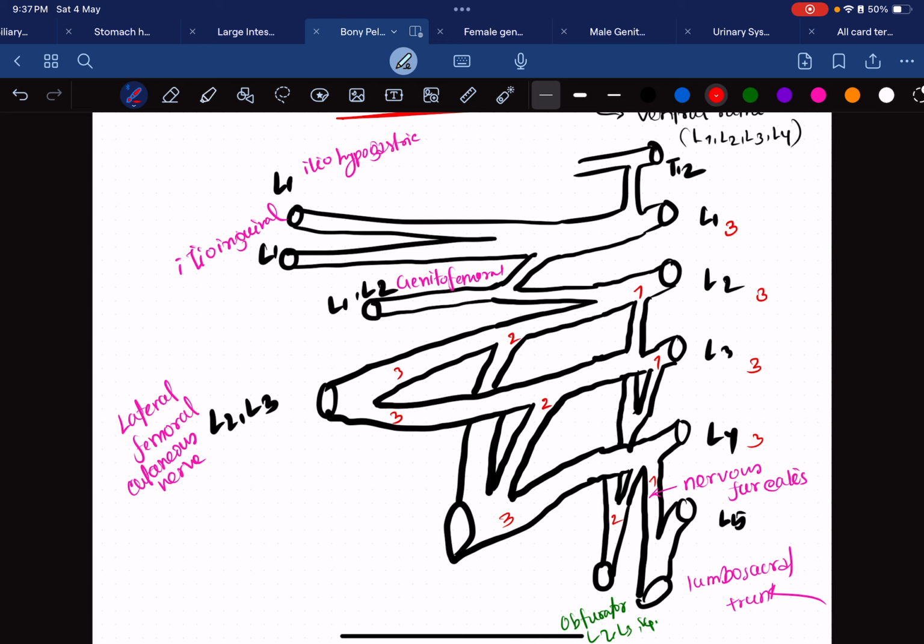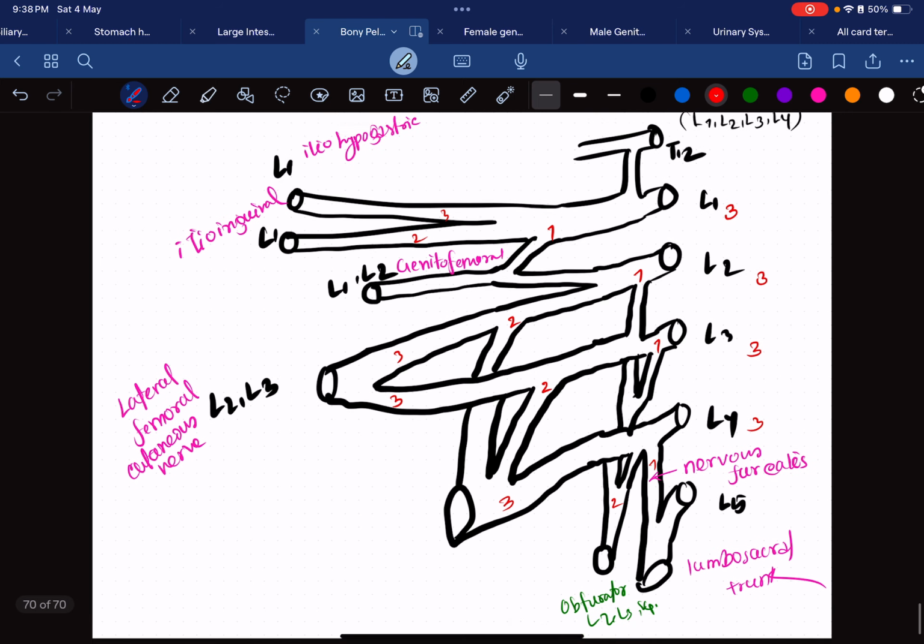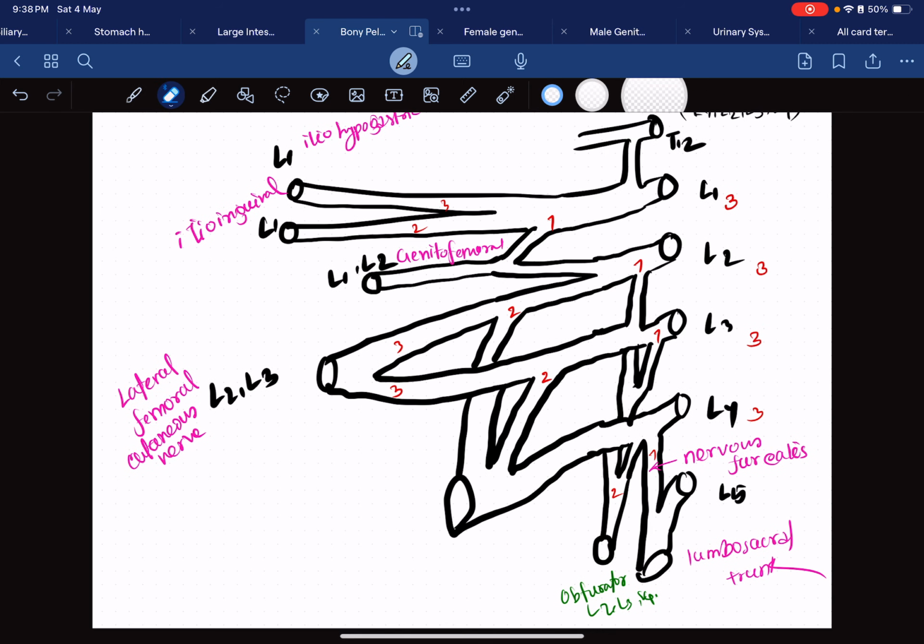Again, 1, 2, 3. So all of these will provide 3 parts. So we have checked. That's the method of checking if you have missed one or not, with 3, 3, 3, 3, 3.